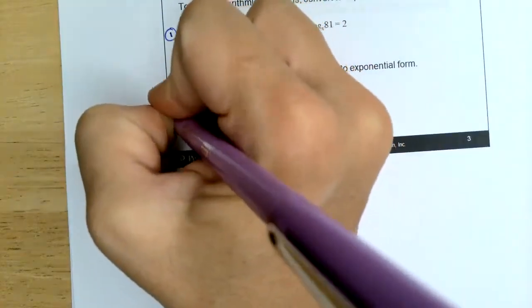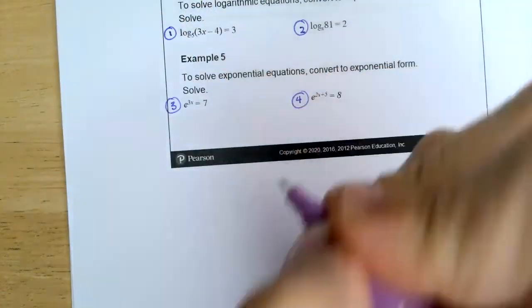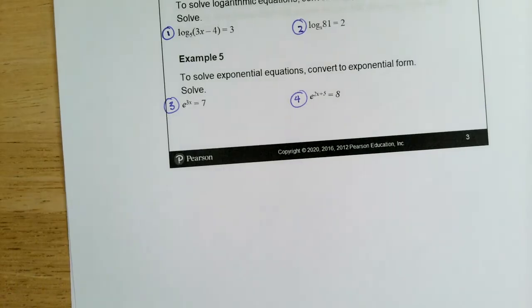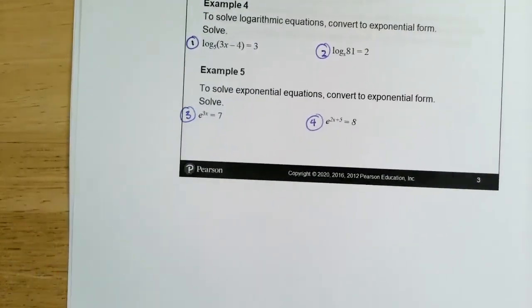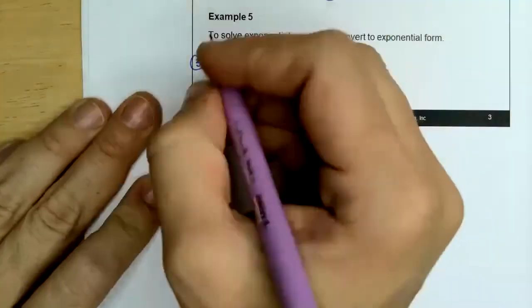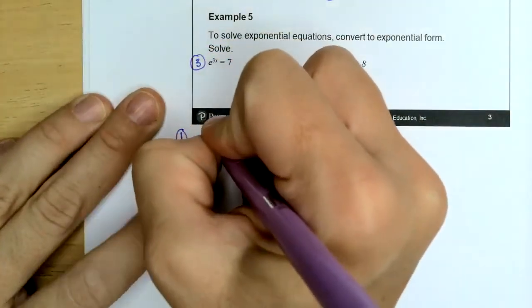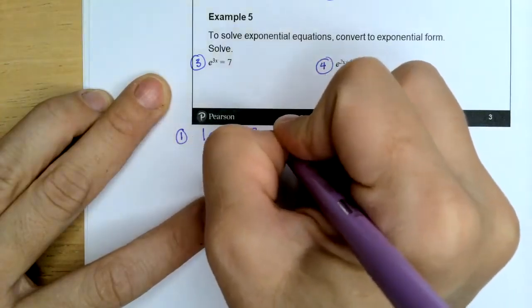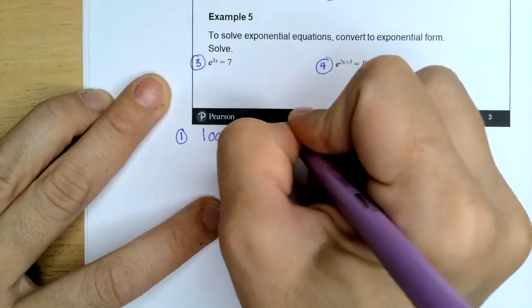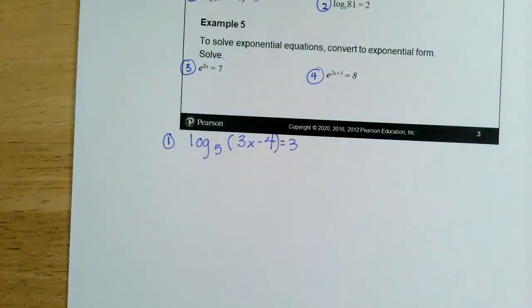This is number 3. And this is number 4. We're just going to practice going back and forth between logarithmic equations and exponential form of the equation. So number 1 was log base 5 of 3x minus 4 equals 3. And I like that 3.